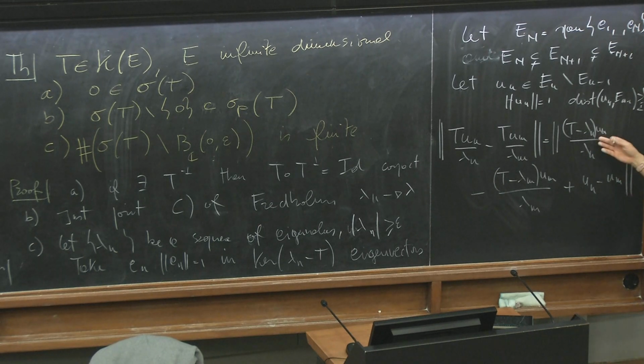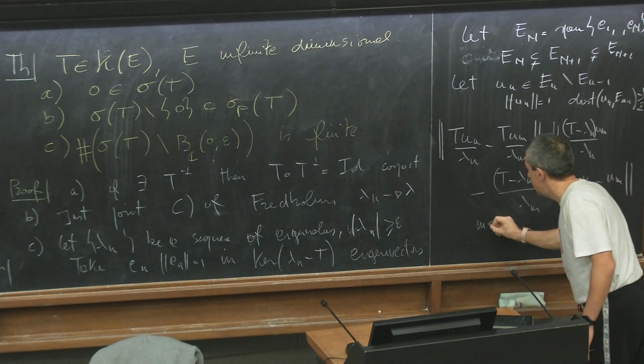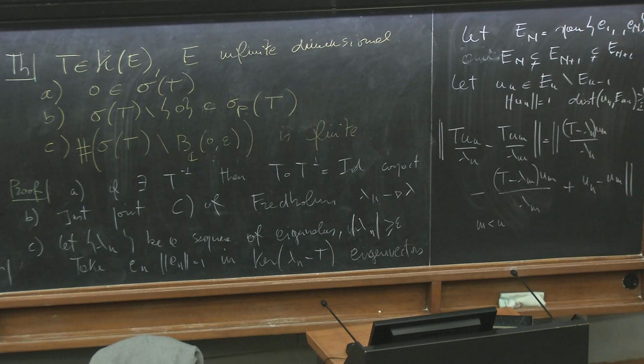This object is not 0 in any case. So let's say m less than n. In any case this is in a subspace which is in En minus 1.